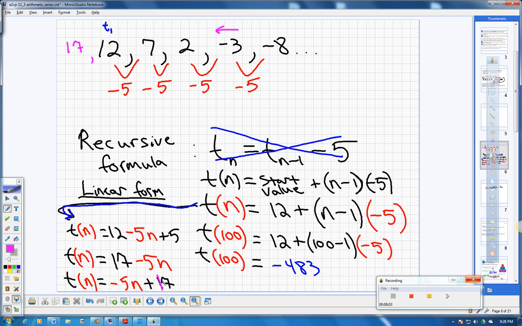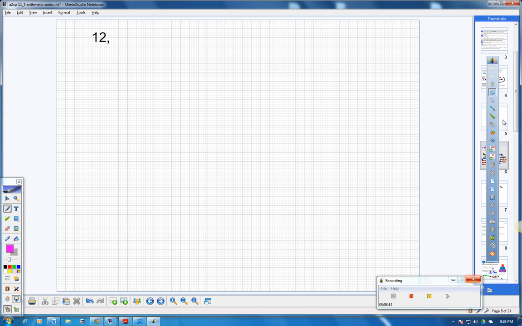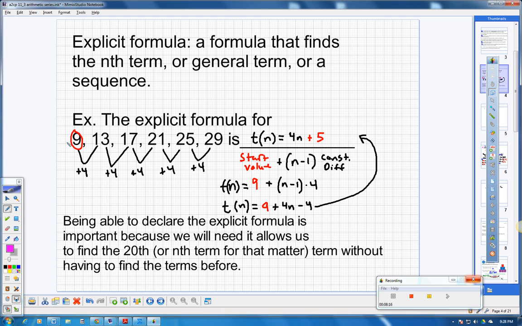So some people look at this as a much faster way to write that explicit formula, that general, the linear function form. And looking back at what we did here, we would have just had to follow this back 4. So if I go back 4, I know t sub 0.